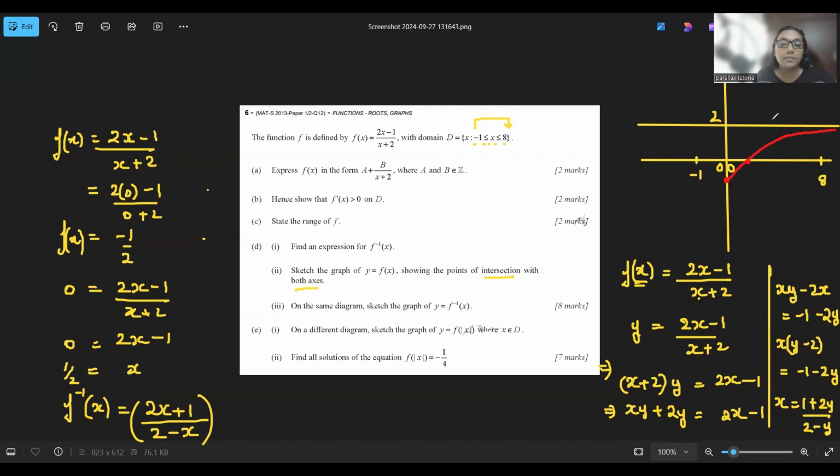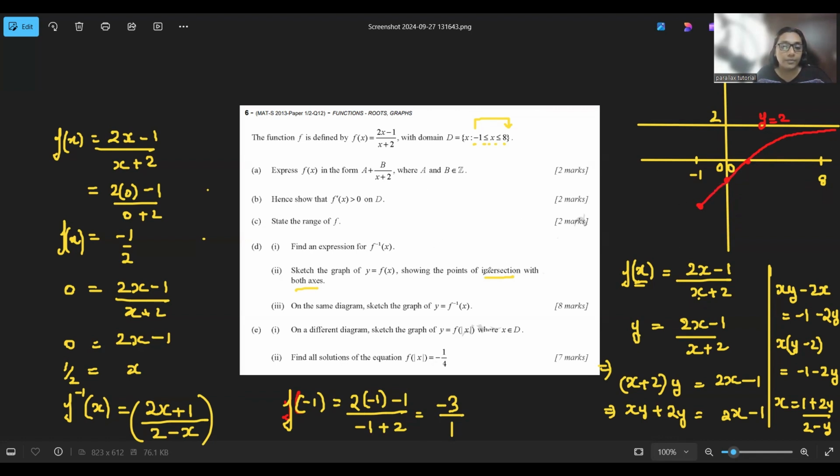The y is equal to 2 is our horizontal asymptote, and it is only up till minus 1. So let's find the value of the function at x is equal to minus 1. f of minus 1 would be 2 into minus 1 minus 1 by minus 1 plus 2, minus 2 minus 1, which is minus 3 by 1. So minus 3. It will be roughly over here. So this is our function.